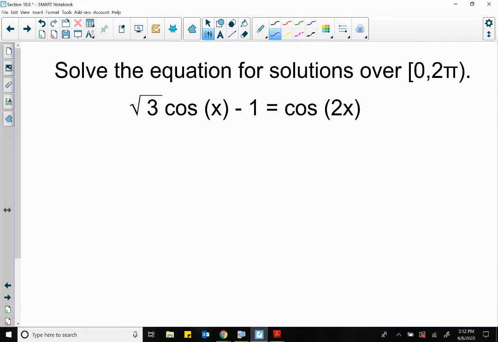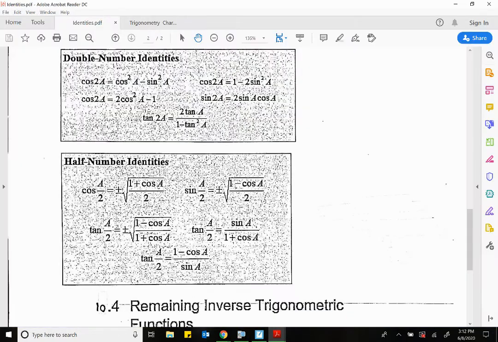Okay. So if I go back and I look at these, I have cosine x already. So it wouldn't be of great interest to me to add a new trig function in like sine. So don't use either one of these top ones. But if you look right here, 2 cosine squared A minus 1.